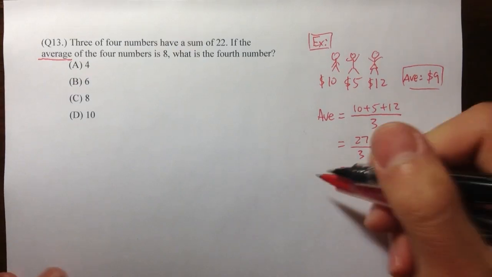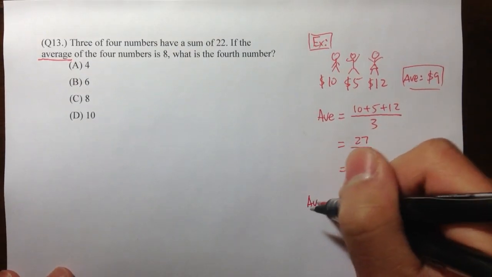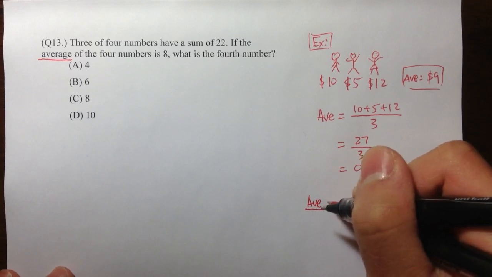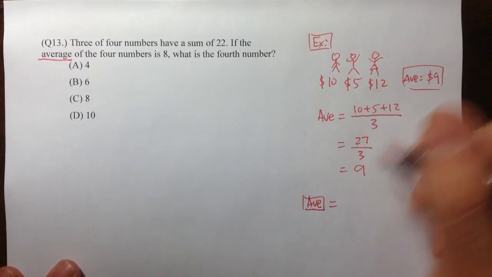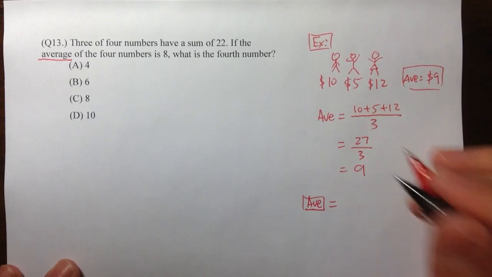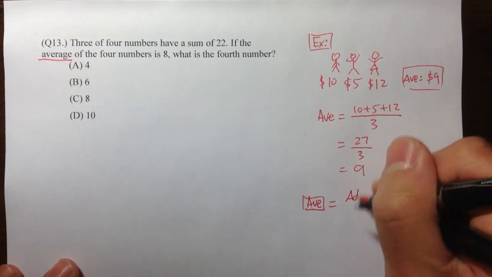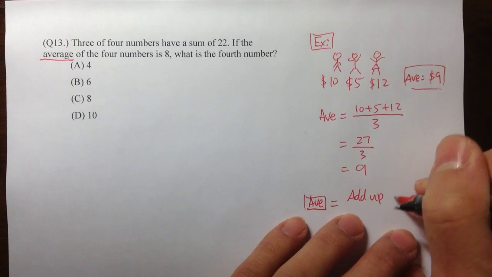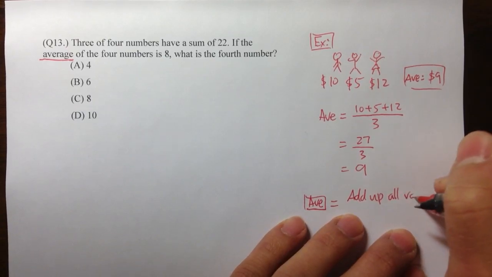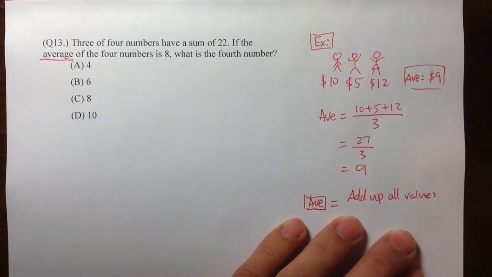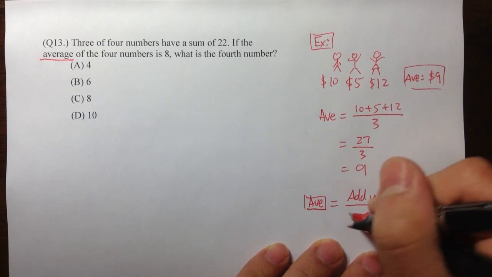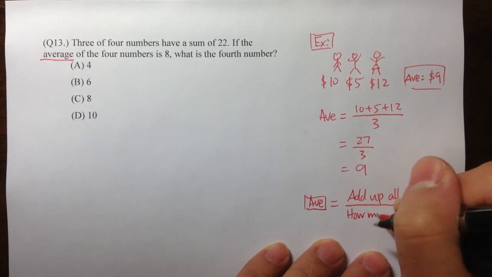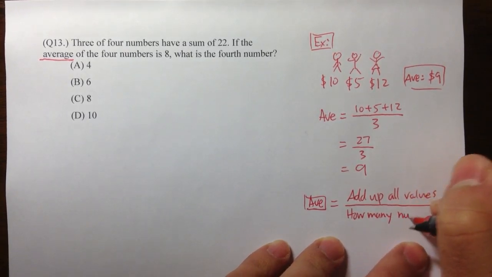So let me summarize how to find average. To find average, what we did first is add up all the values. Let me write that down. You add up all the values, and then divide by how many numbers there are.